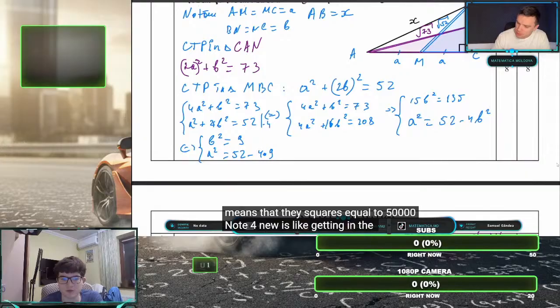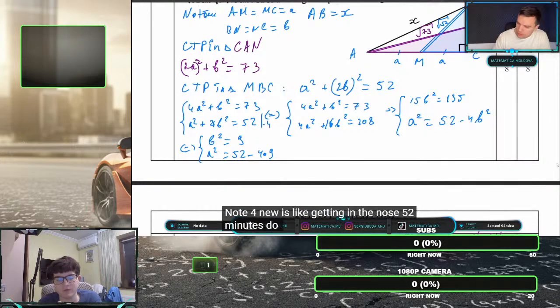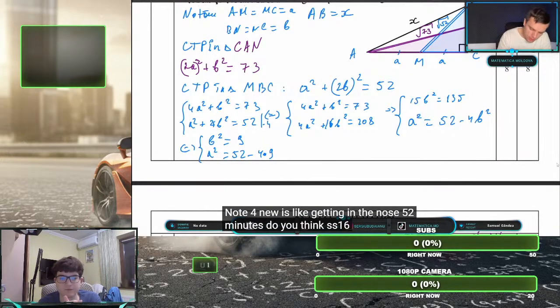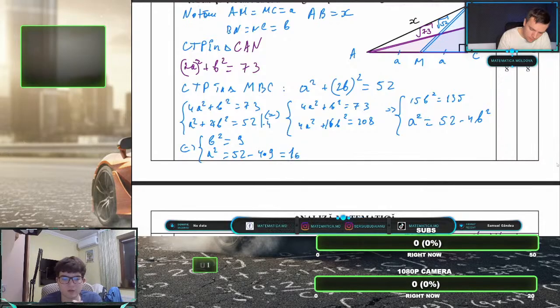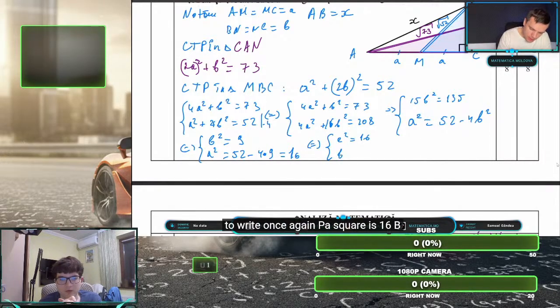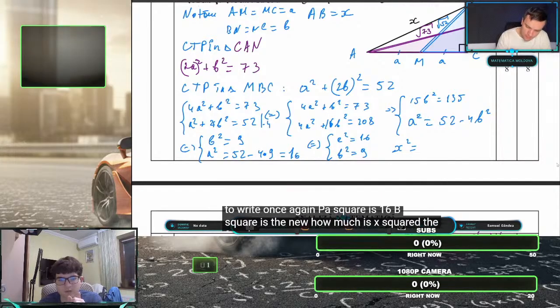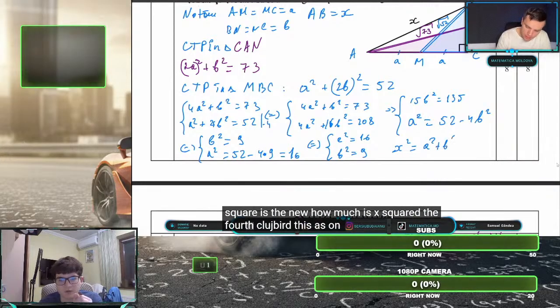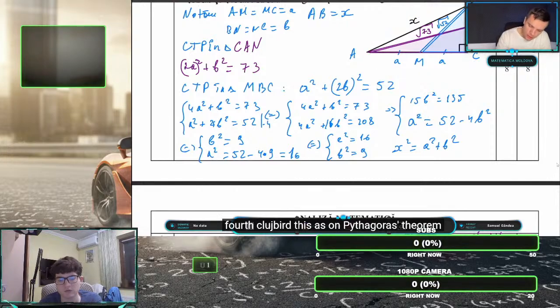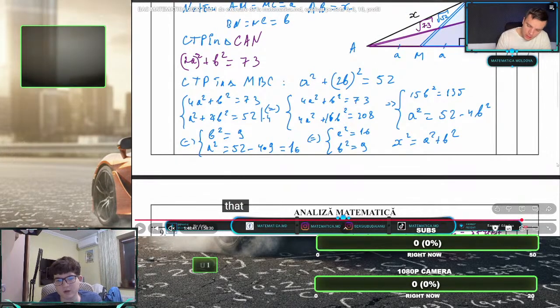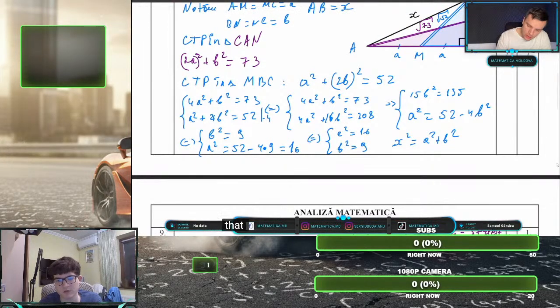So 4 times 9, 52 minus 36, 16. So A is gonna be 4. So A is 4, right? And B is 3. So now we just solve for x.